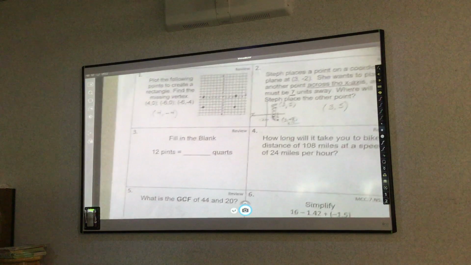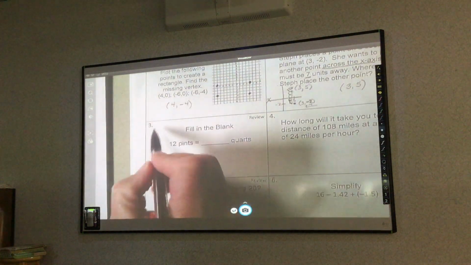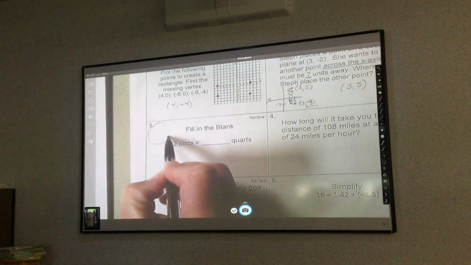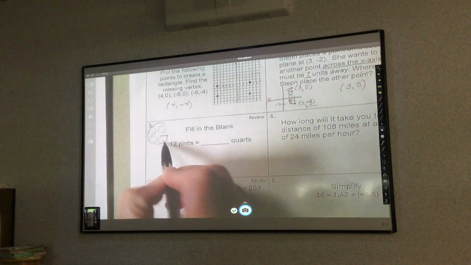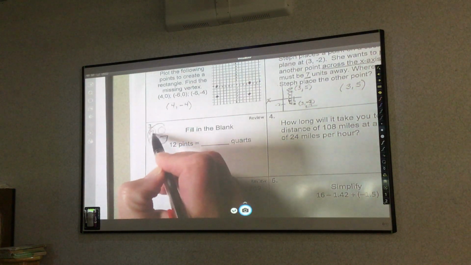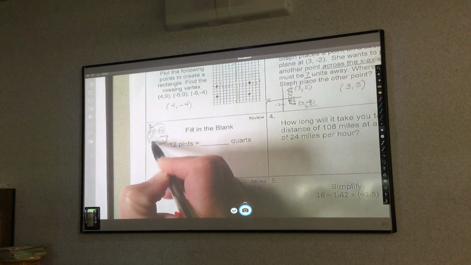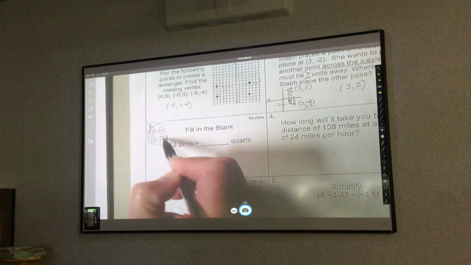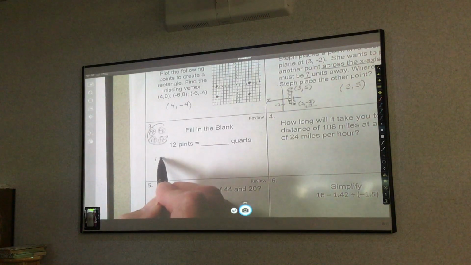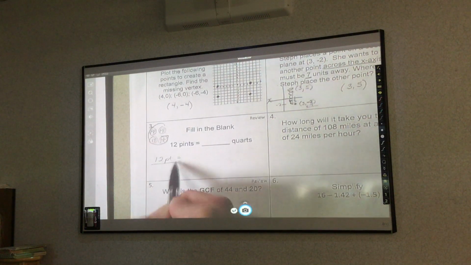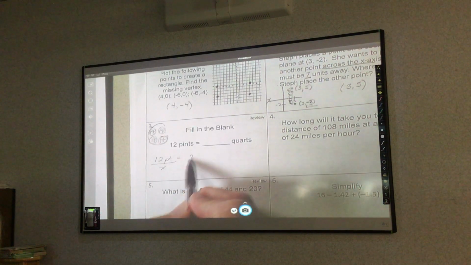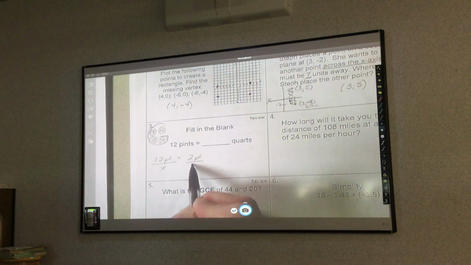How many pints? 12 pints or how many quarts? Draw your gallon with the quarts. And there are 2 pints in each quart. So I want 12 pints equals 2 pints in 1 quart.